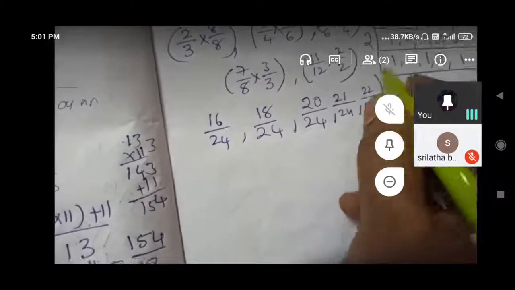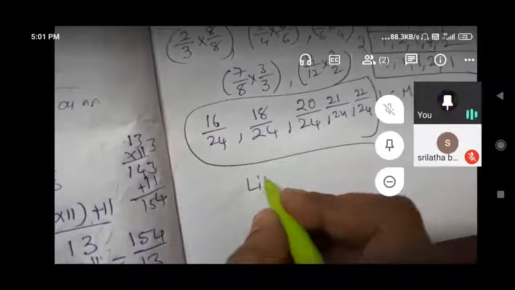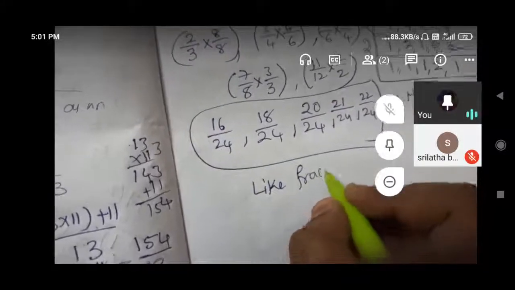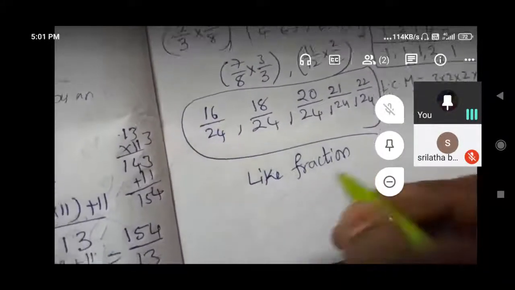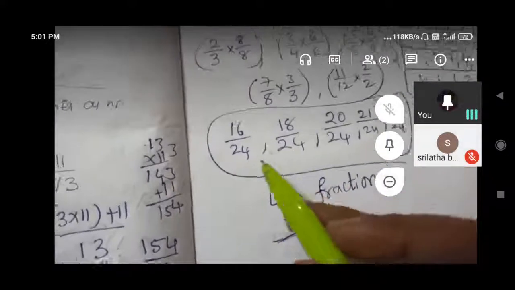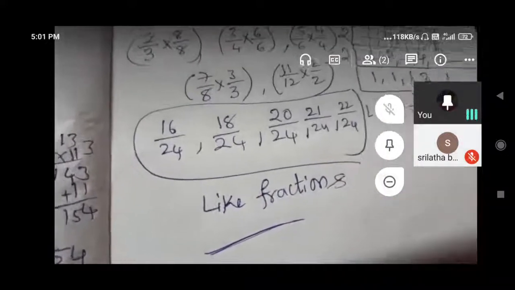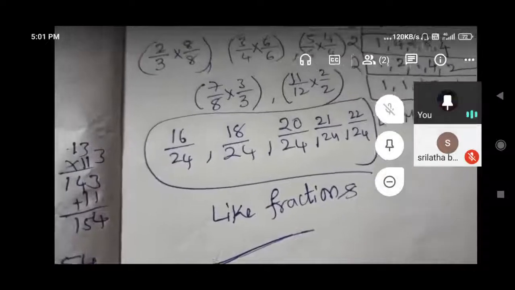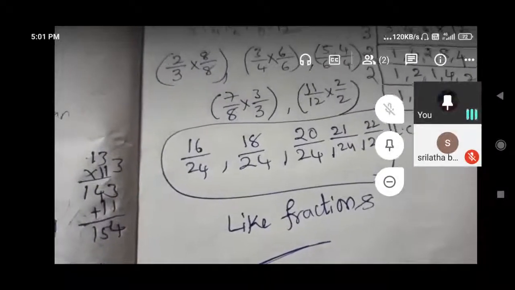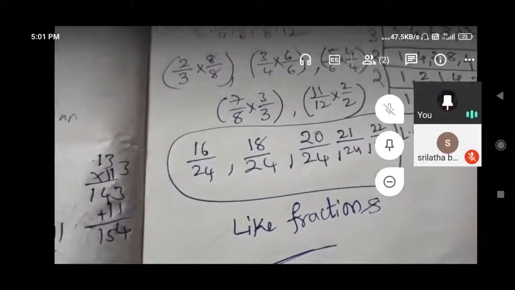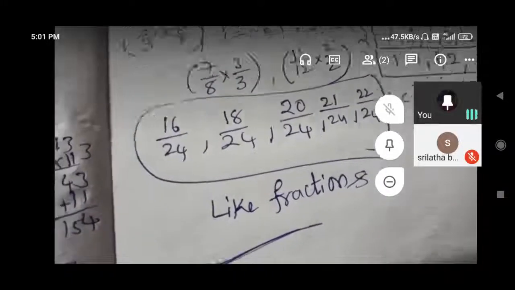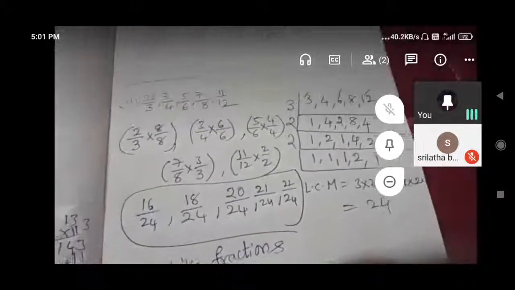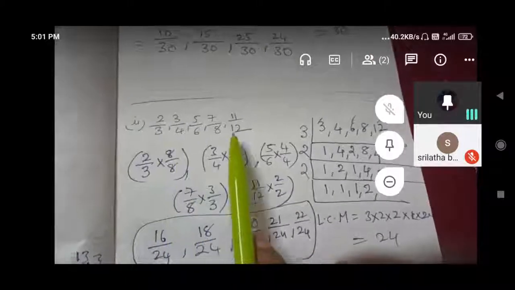These all are like fractions, similar fractions, because all have the same denominator. Like fractions means fractions with the same denominator. How can we make this? By taking the LCM of the denominators.